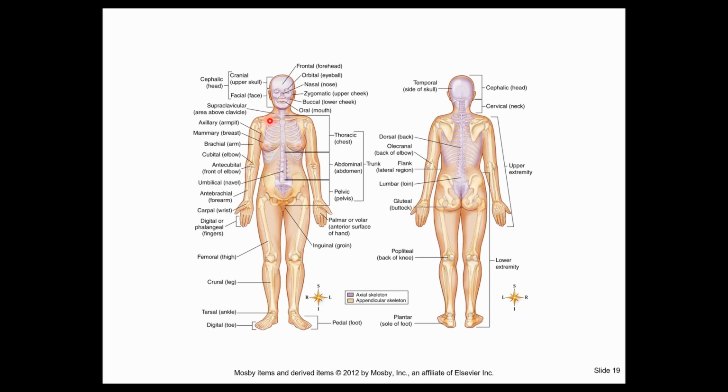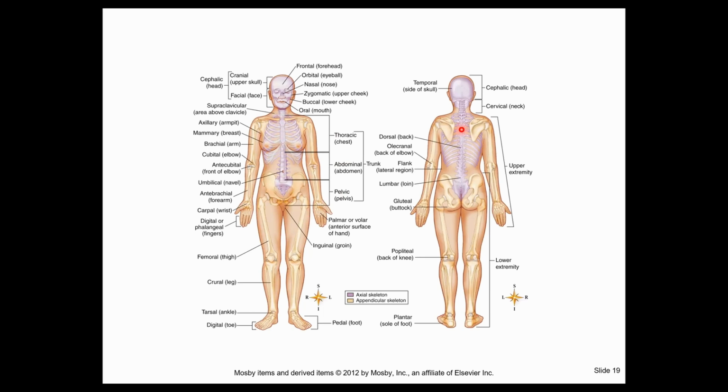You have the shoulder girdle and pelvic girdle. The shoulder girdle is made from the clavicle and the shoulder blade, scapula, and here the pelvic bones form the pelvic girdle. So you see front and back.